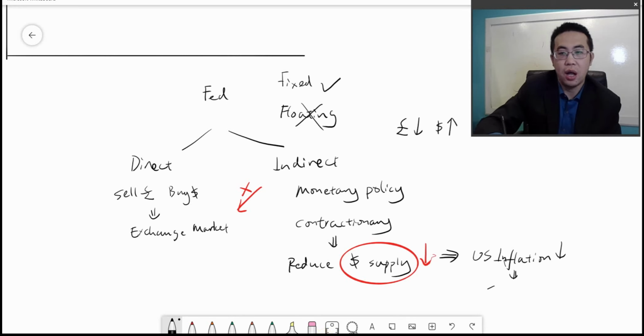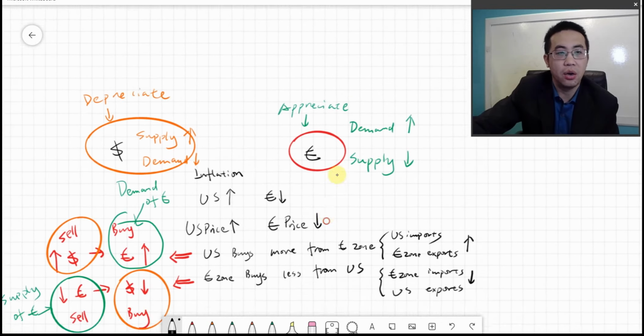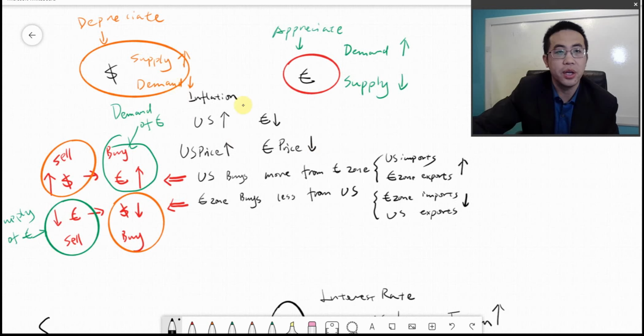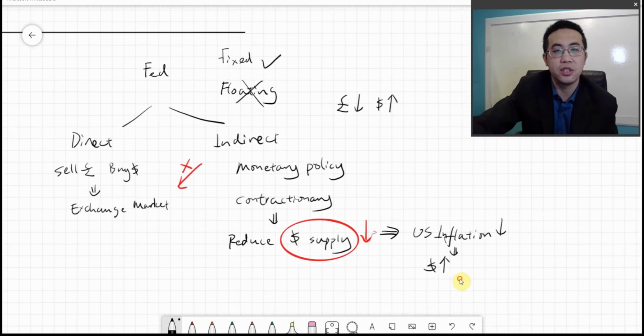So the ultimate result is that the dollar appreciates. This is what I wrote earlier right here. If a country has higher inflation, then its currency would depreciate. Higher inflation basically means there's more money being printed than goods and services being produced in the country. And this right here is the opposite situation.